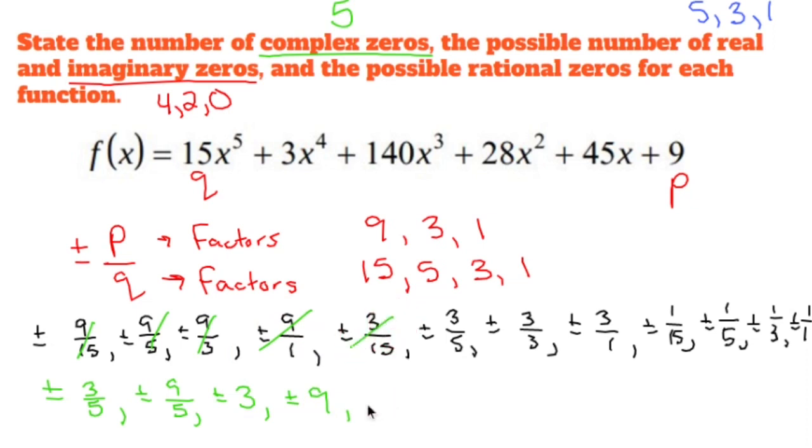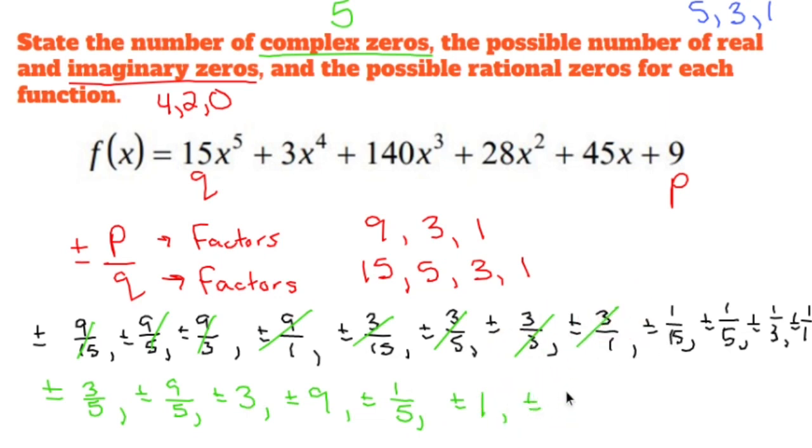Plus or minus 3/15 is 1/5. Plus or minus 3 over 5, I did already. Plus or minus 3 over 3 is 1. Plus or minus 3 over 1, I did already.